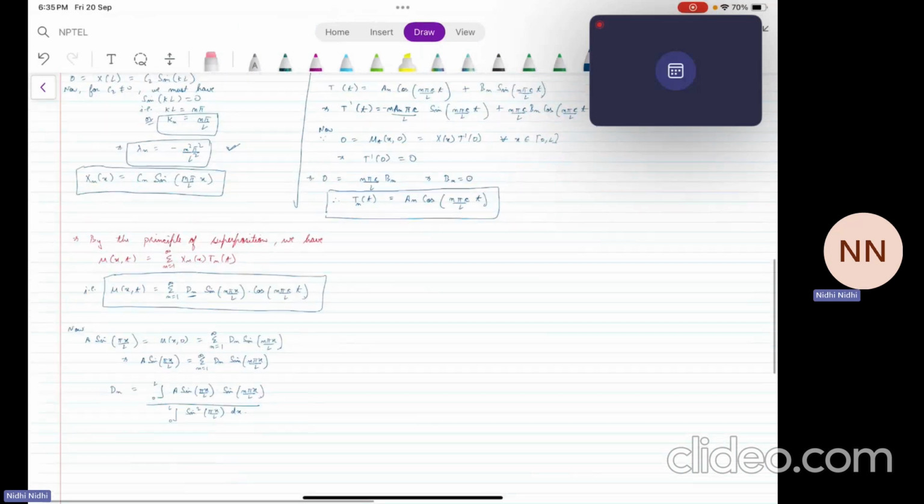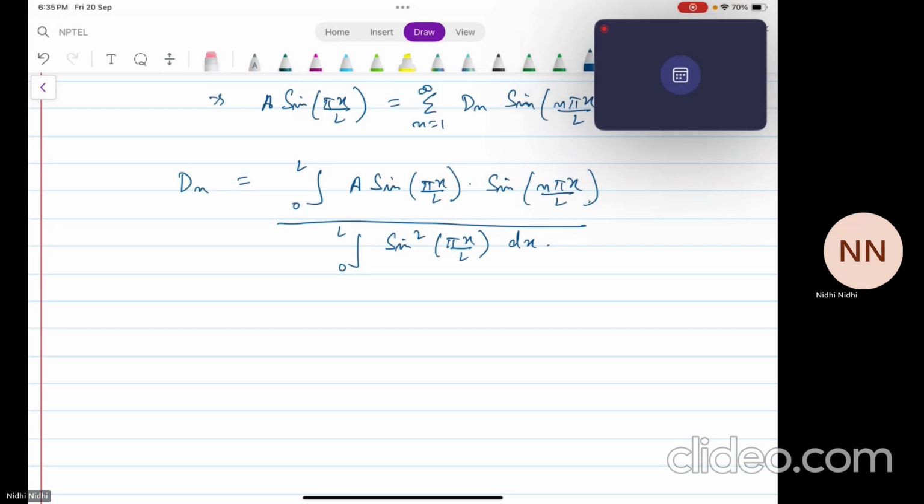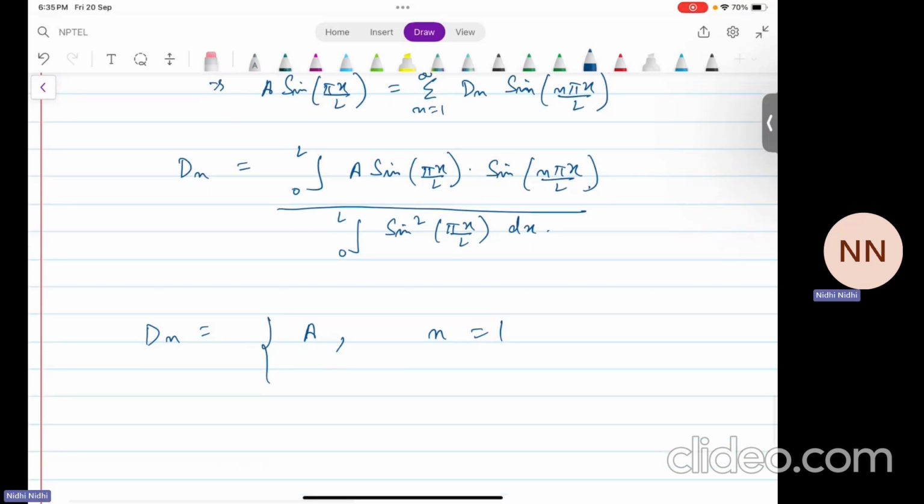Now this is very easy to check that this dn is equal to a for n equals to 1. Clearly for n equals to 1 the numerator and denominator are the same except for a, and it will turn out to be 0 for n not equal to 1.